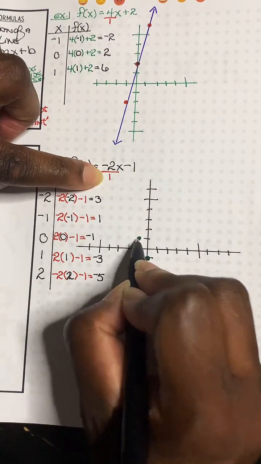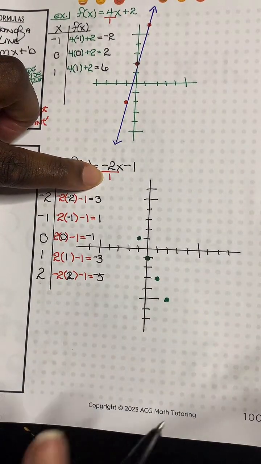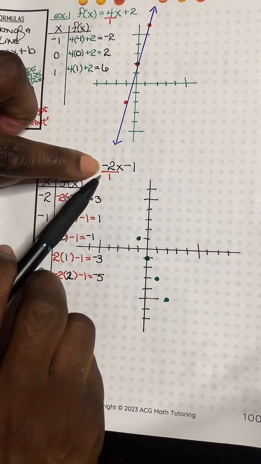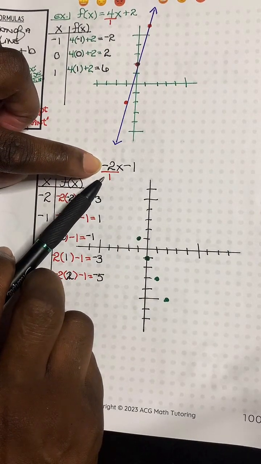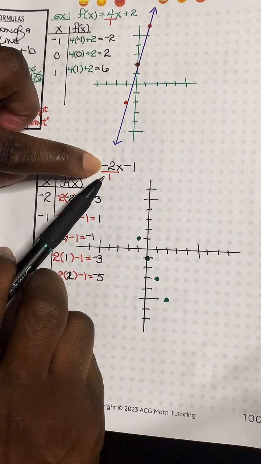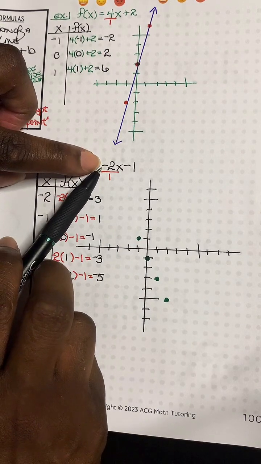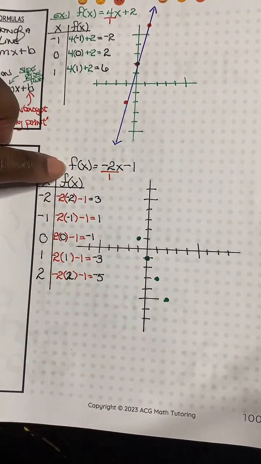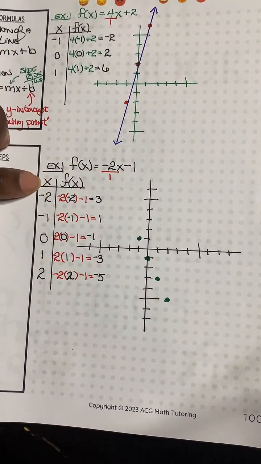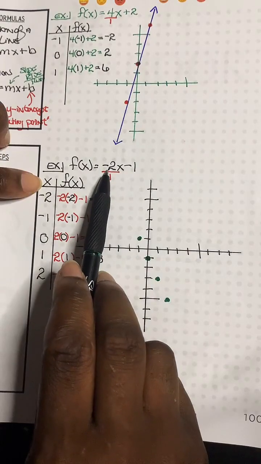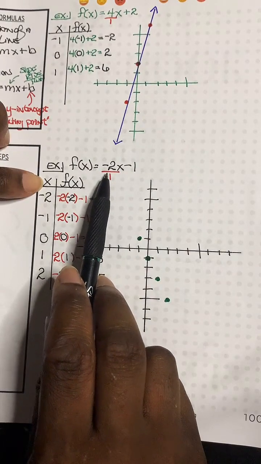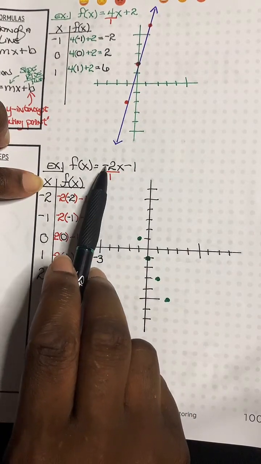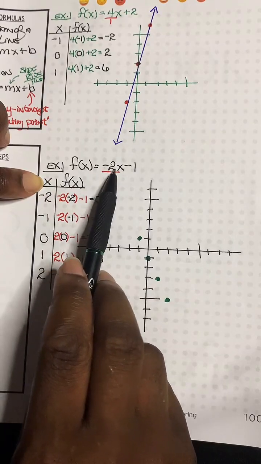When you're dealing with negative slopes, this is the mistake that a lot of people make. You make both of them negative, and that's not what's happening. When you have a negative slope, it's either the numerator or the denominator that carries the negative symbol. The majority of the time, I want to say a good 95% of us, maybe even more, would keep the numerator negative.